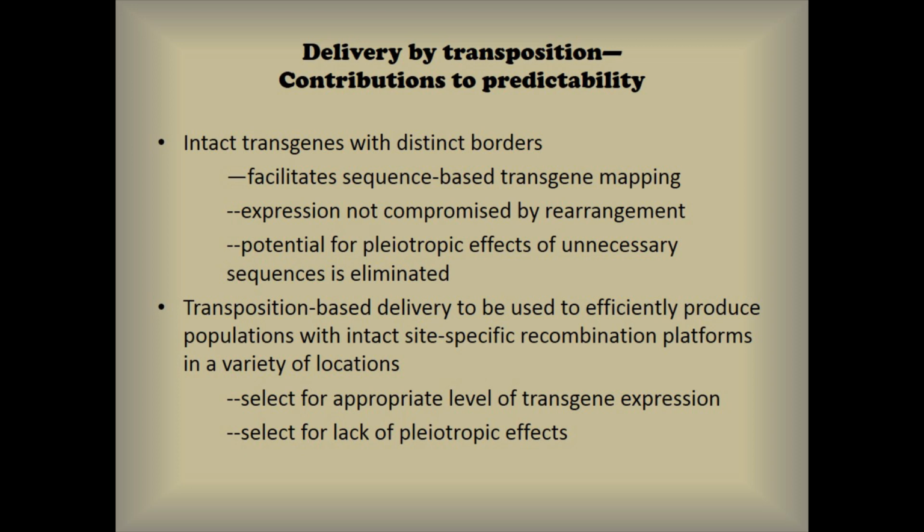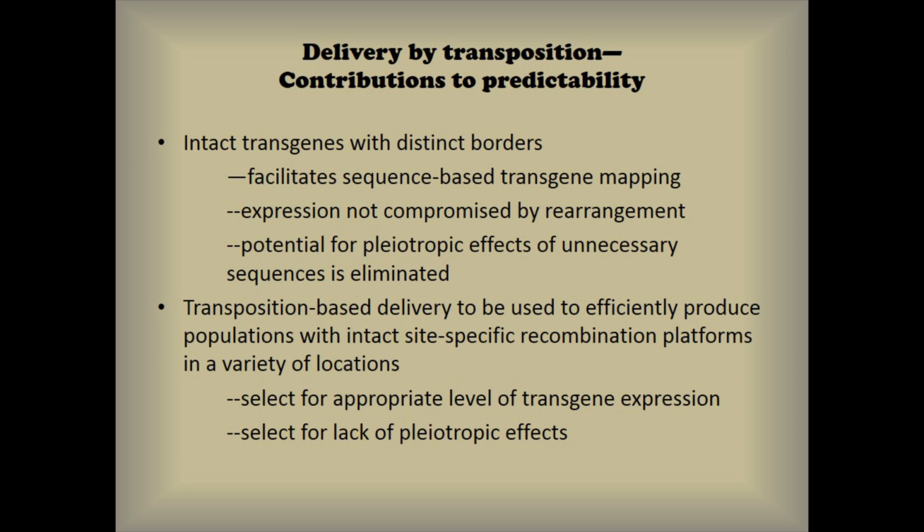We're going to try and move these site-specific recombination platforms to a variety of sites within the genome, and then select lines that have these sites in areas that support appropriate transgene expression, and also that don't have pleiotropic effects. For instance, we would select against one of these platforms that inserted itself into a native gene.